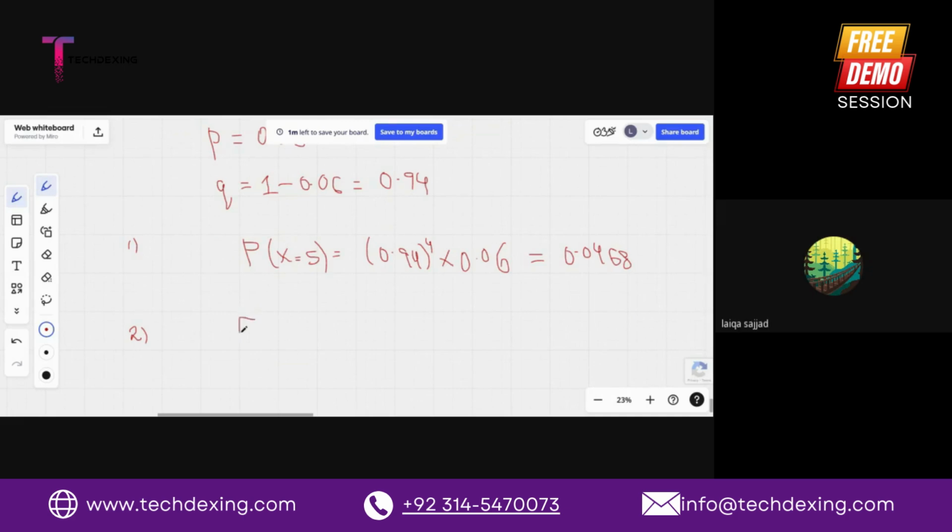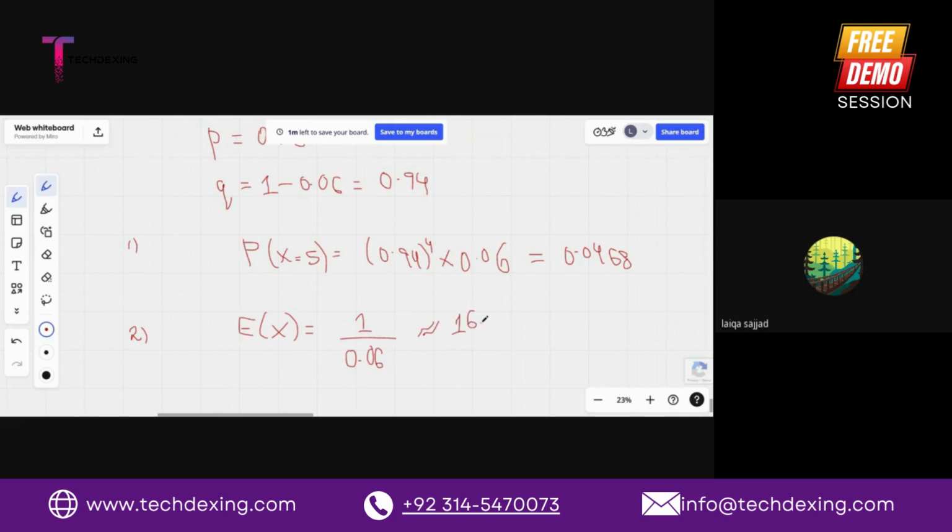So we write E(X) as 1 divided by 0.06, which is approximately equal to 16.7.